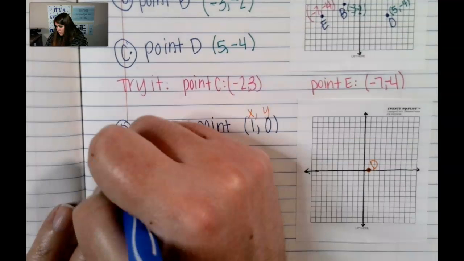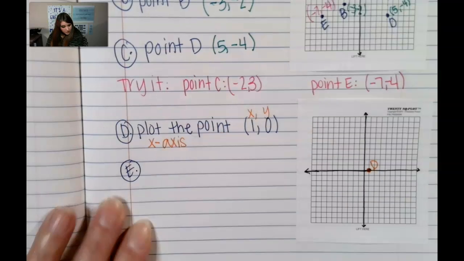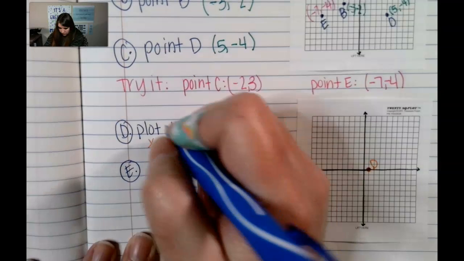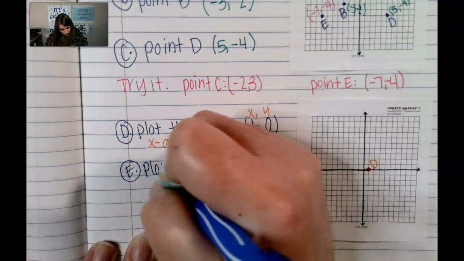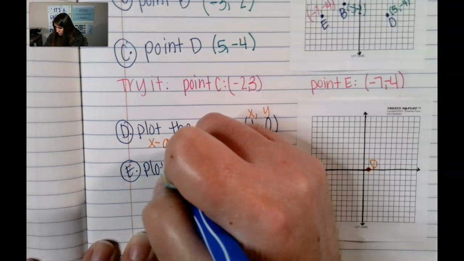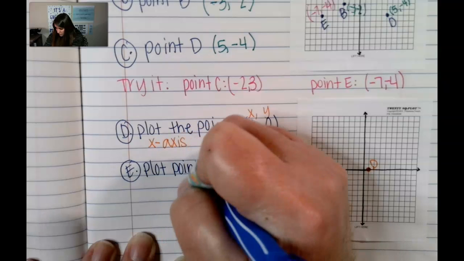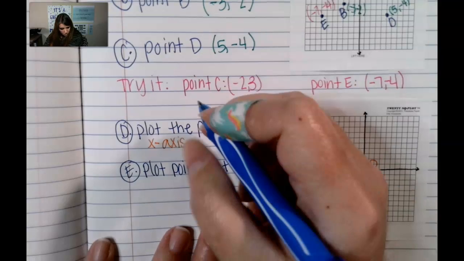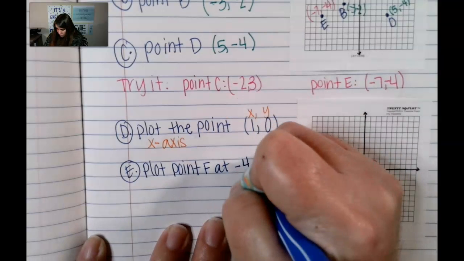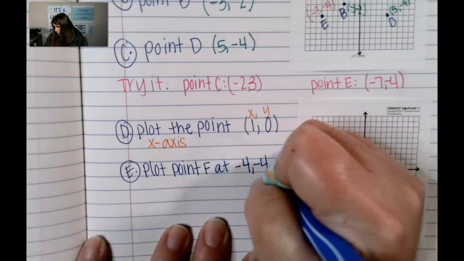Okay, so example E. Example E tells us to plot point F at -4, -4.